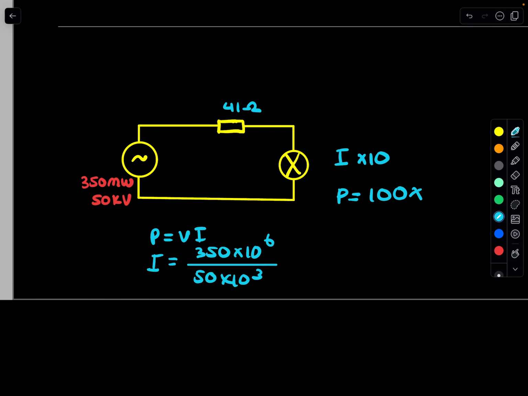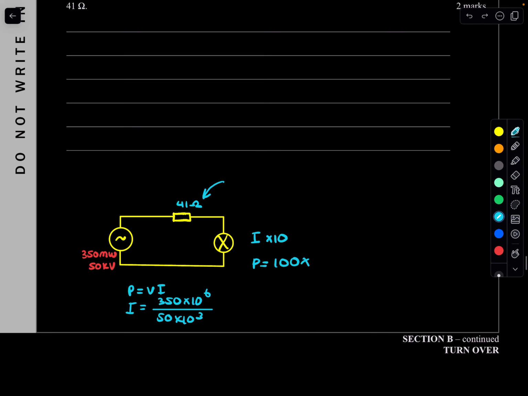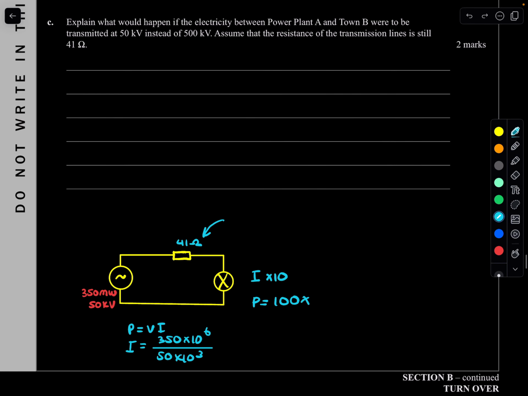So in the transmission, there's going to be a lot of power loss, 100 times the original amount. And so overall, if there's a lot of power loss here, there won't be enough power for town B. And so it won't run properly. It's even worse to actually lower that voltage. That's a big no-no. So that's what we're basically going to explain. Yeah, for 2 marks, you don't need to write a lot.